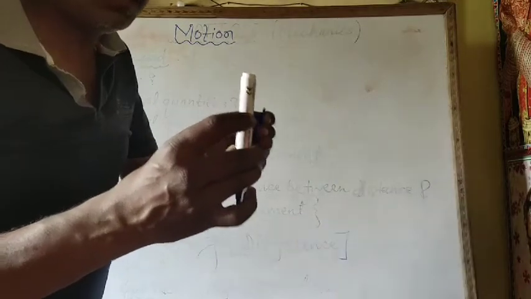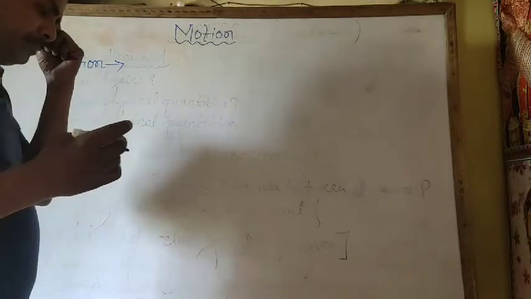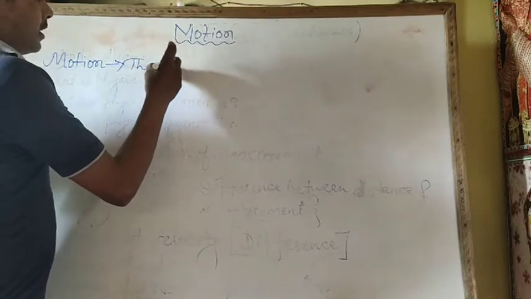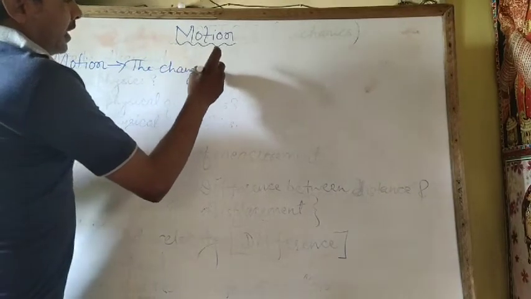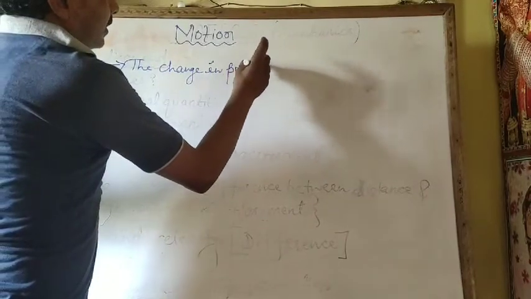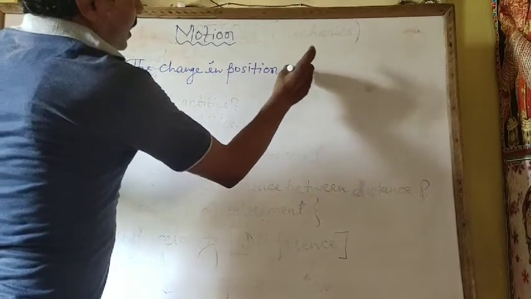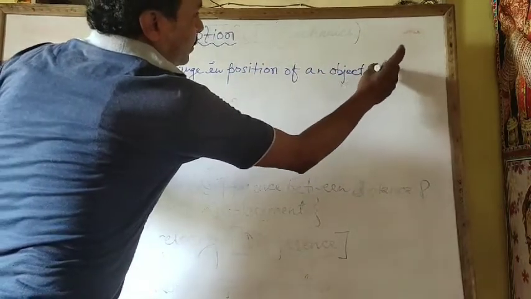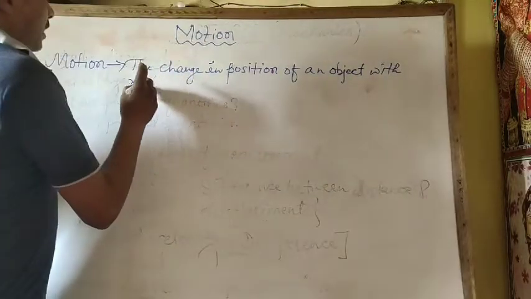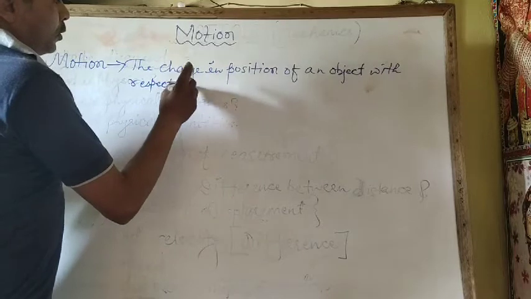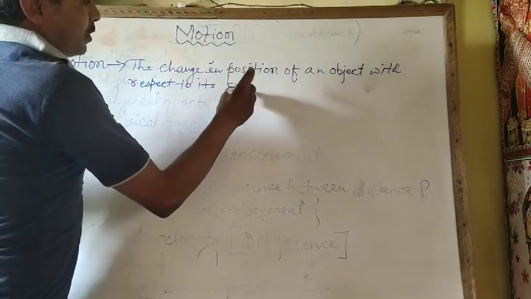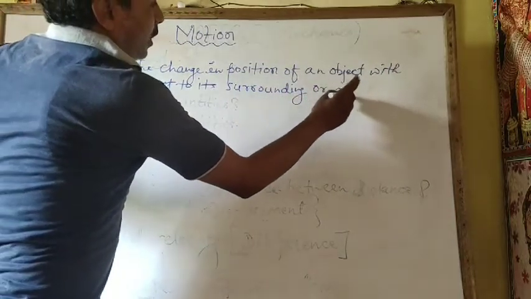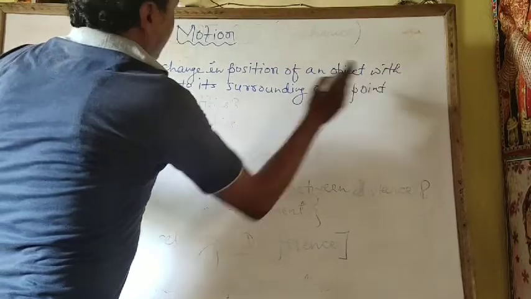So I would like to define the term motion. Motion is the change in position of an object with respect to its surrounding or a point of reference in a given interval of time.